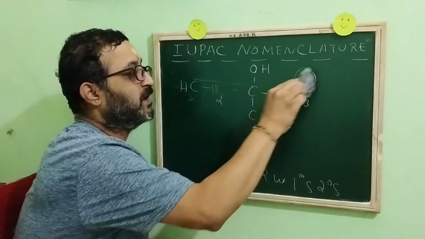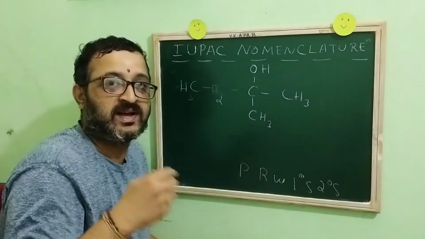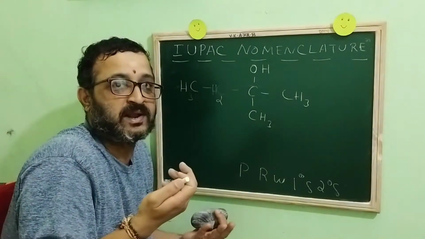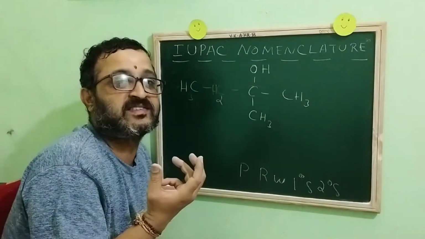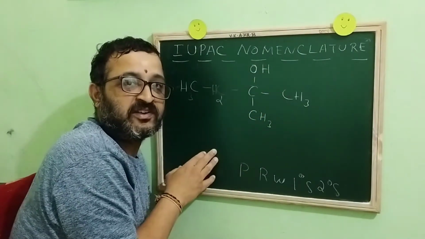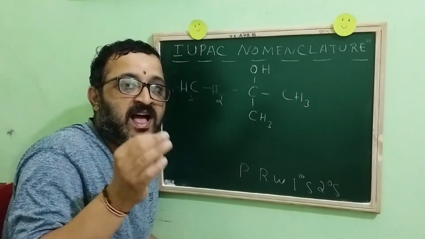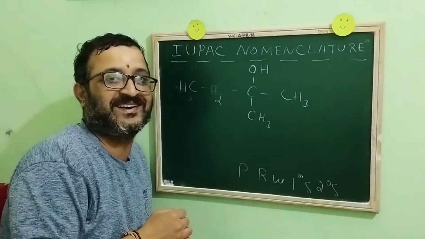Now children, how to name this compound? It is very simple. After you identify the parent chain, we have to do the numbering. We can do the numbering from either end, right to left or left to right. But the rule says that the carbon to which the functional group is attached has to be assigned the lowest number.